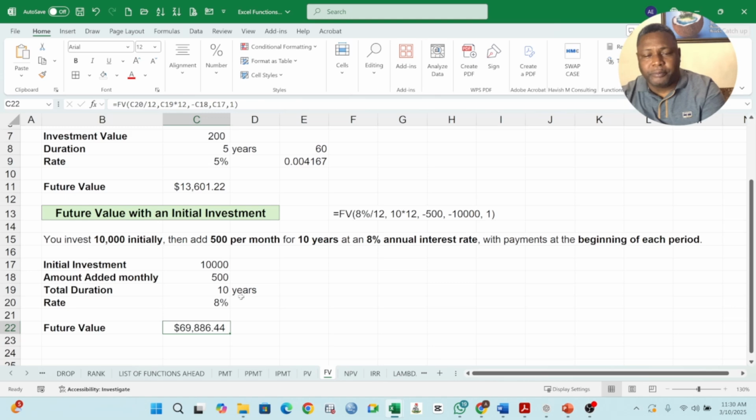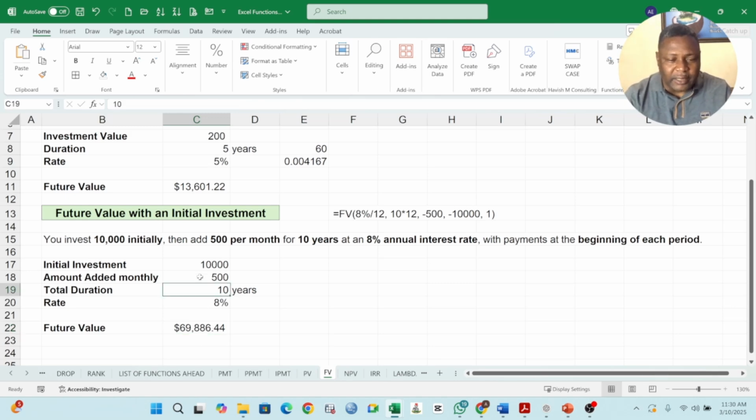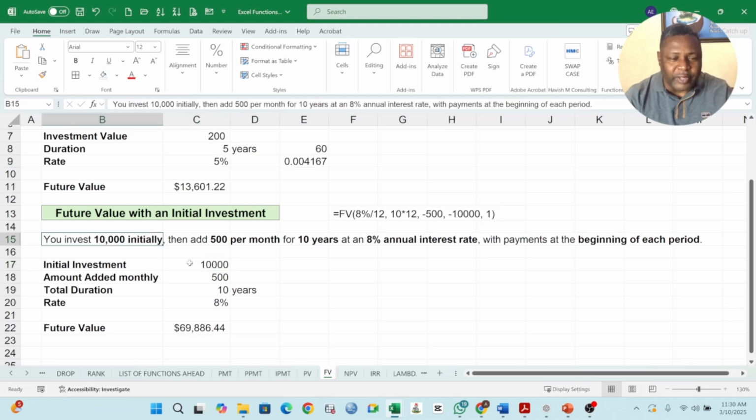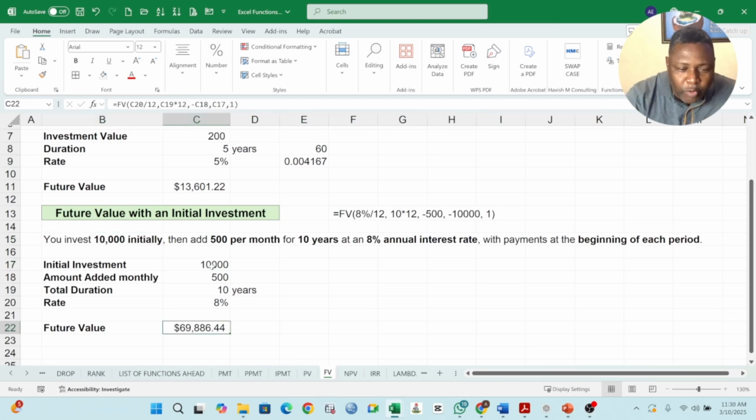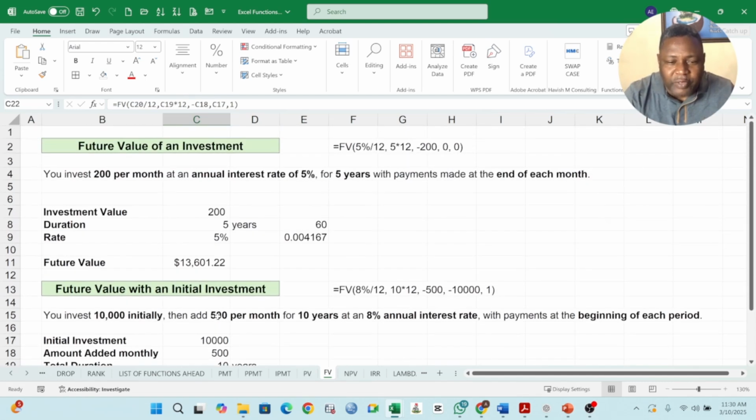So you are going to have this amount in 10 years. So you may want to consider doing investment in this line, saying, okay, if I put this money and I put this regularly and I work with this interest rate, then I'm going to have that amount at the end of 10 years. So if it is worth your investment, why not?